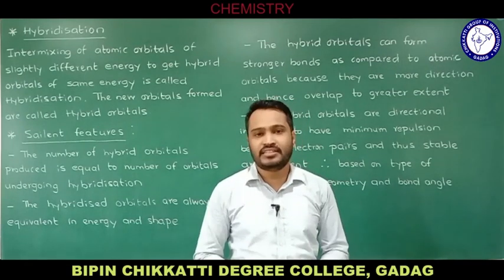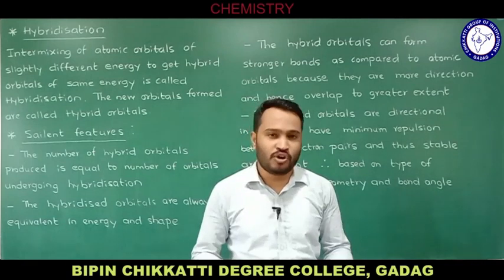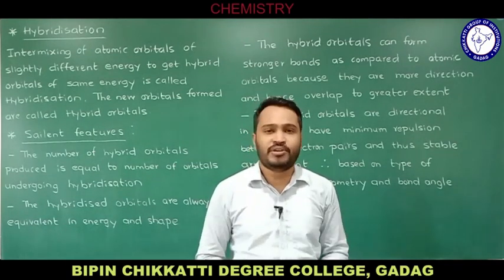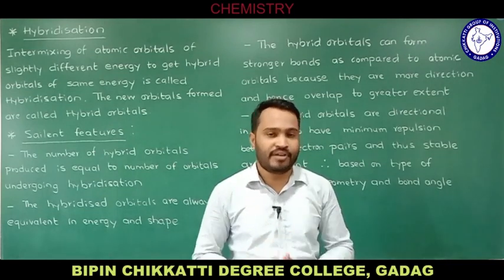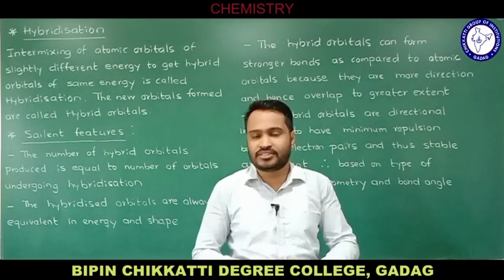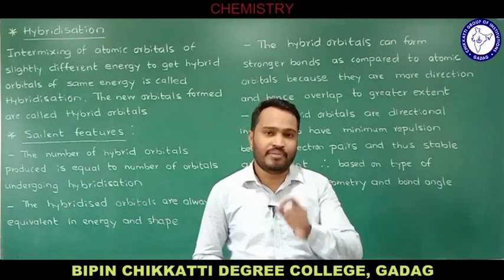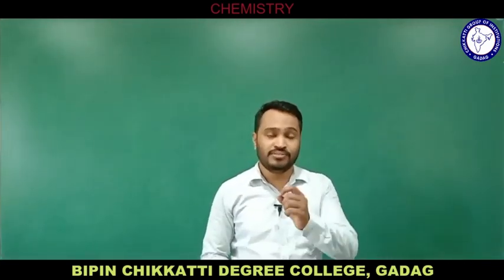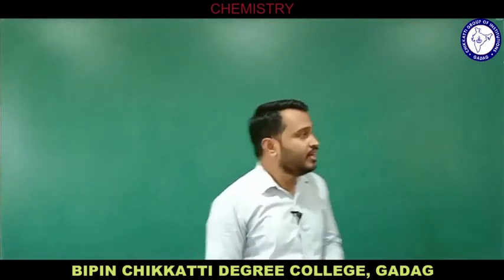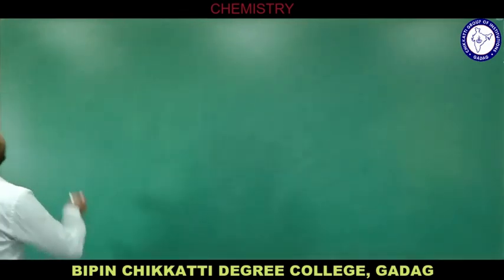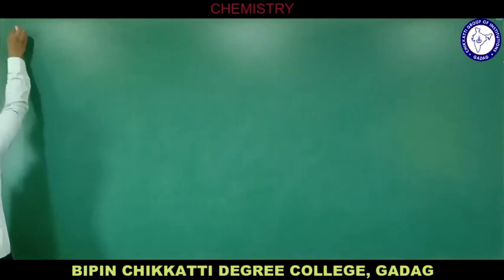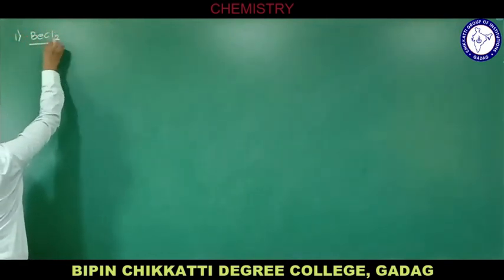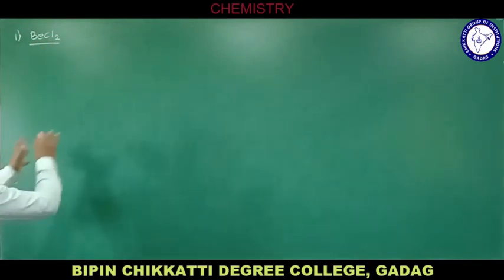So we came to know that intermixing of atomic orbitals of slightly different energy to get hybrid orbitals of same energy is called hybridization, and we discussed some main points regarding hybridization. We'll see examples to understand the concept. The first example I am going to consider is the formation of beryllium chloride, BeCl2. We'll see what the hybridization would be.